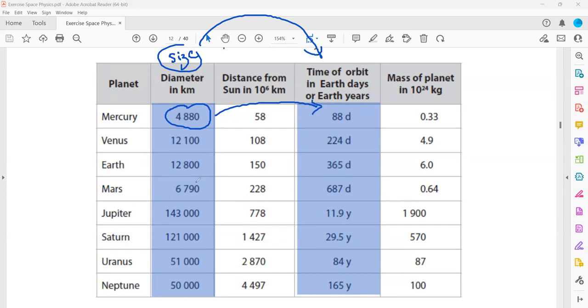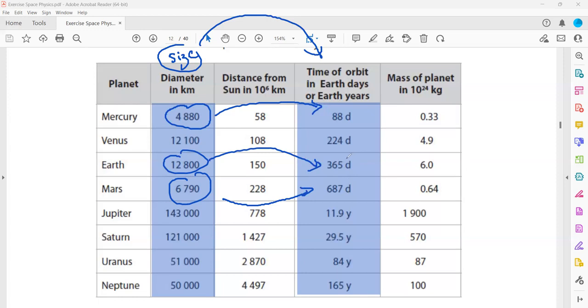When I compare Mercury and Mars, as the size increases, the time it takes is longer. But when we compare Earth with Mars, Earth's size is bigger, but it is taking a shorter time.